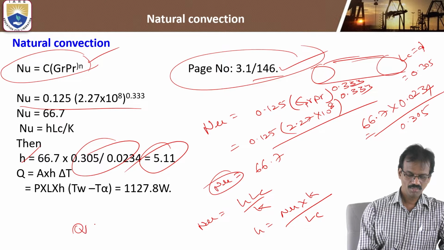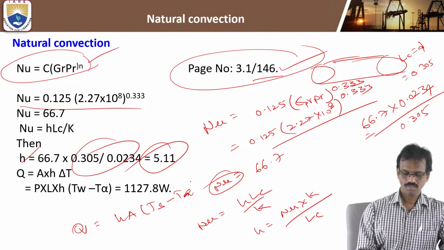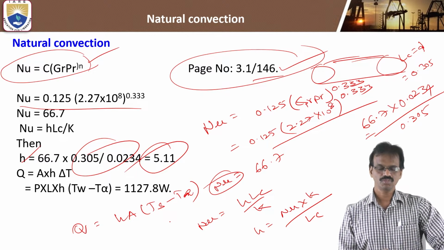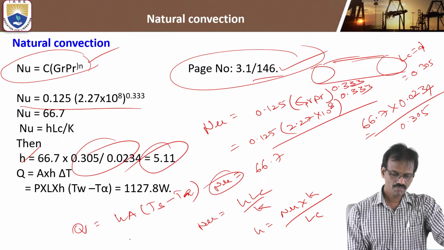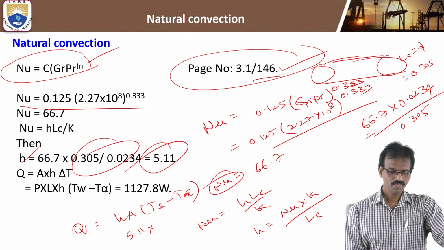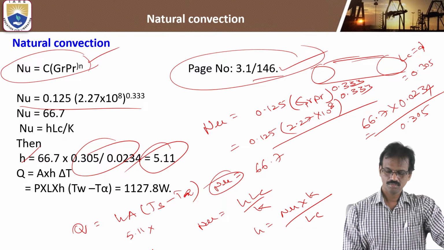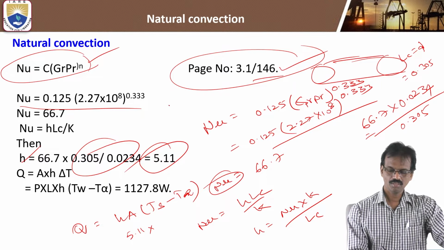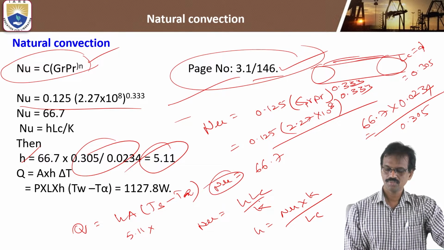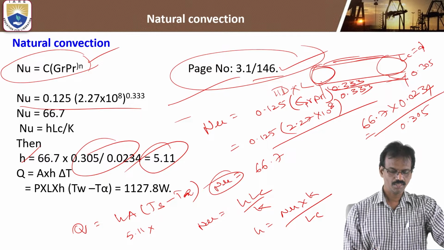If you know the h, then automatically you can find the rate of heat transfer. You know the formula, Q is equal to hA into (T solid minus T fluid), it means dry air. You know the h value, that is 5.11, into area. The area of the solid horizontal surface is the perimeter, pi d, into length of this pipe, because it is in horizontal position.